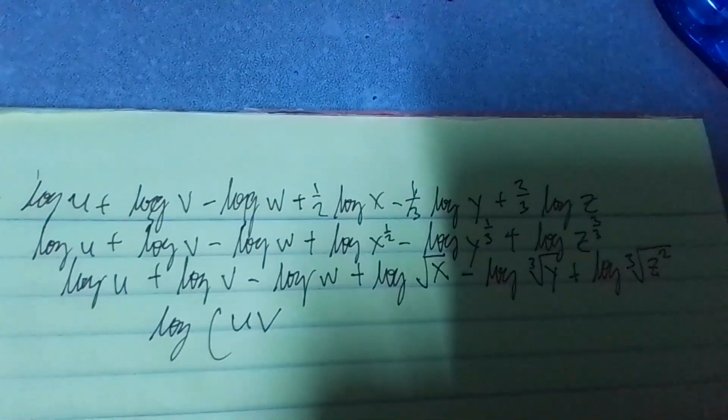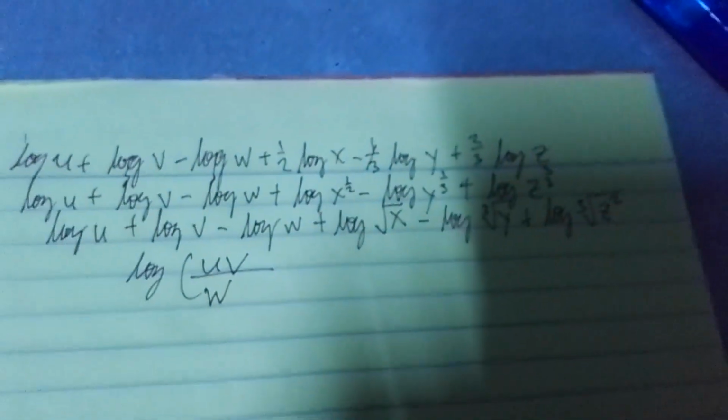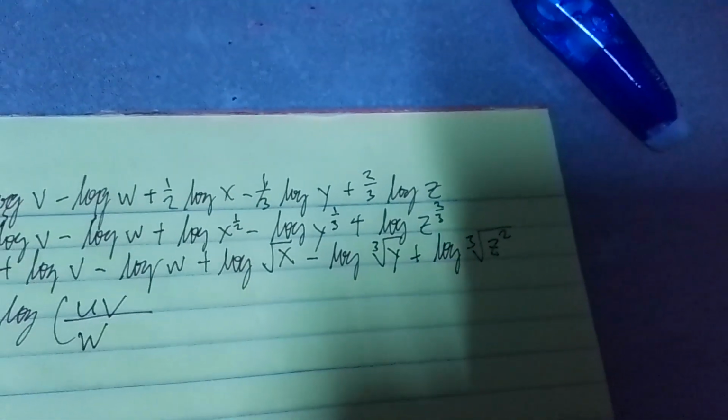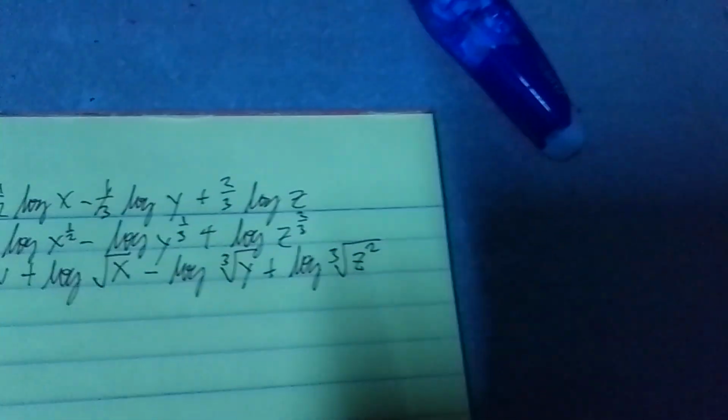Pero, now that we've already rewritten it in expanded form, how can we further simplify it? Now we're going to write it as one single log. Just like that. So, log, ano yung nasa taas? Kung yung naka-plus, that goes upstairs. Is u on the top? Yes, nasa taas siya. Ano pa yung nasa taas? What about letter v? Plus ba yan or minus?